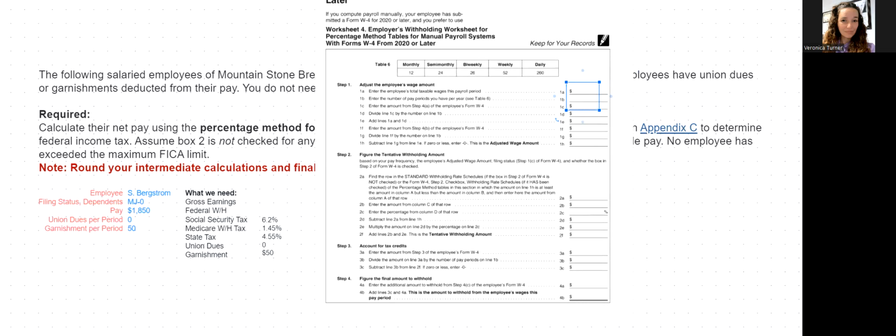Then we're going to enter the amount from step 4 of the W-4. Step 4 correlates with the box 2 about the other income. If he has any other income, any dependents, any additional withholding, none of those were given in the scenario. So we're going to go with 0 dependents and no other additional income being collected. So for that one, we know it's going to be 0.